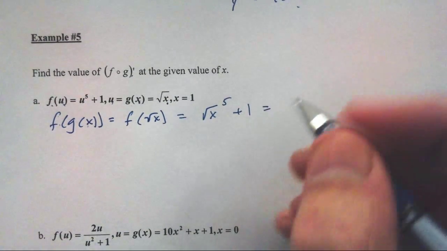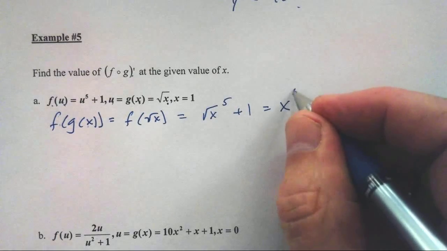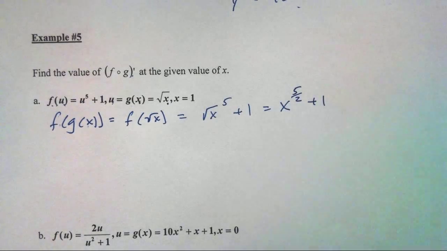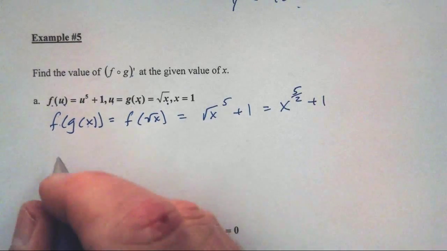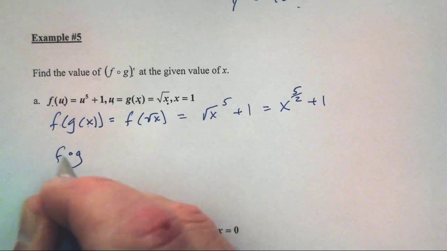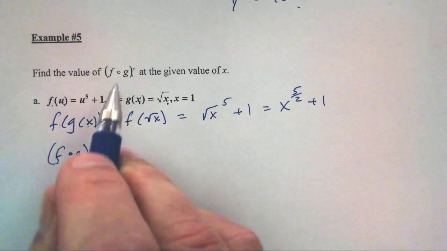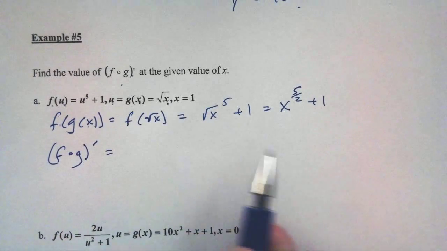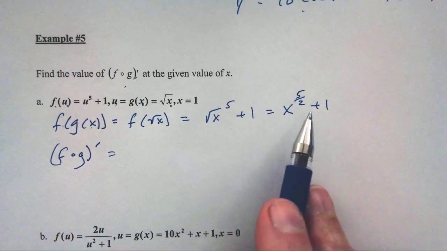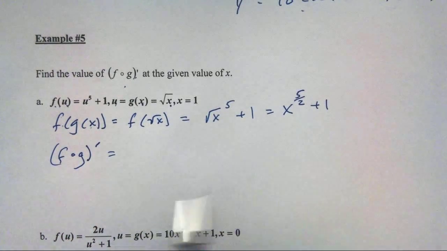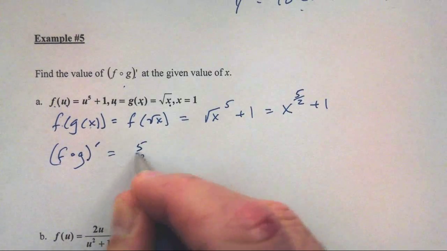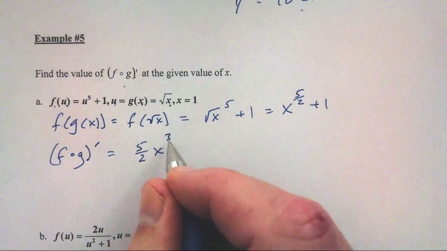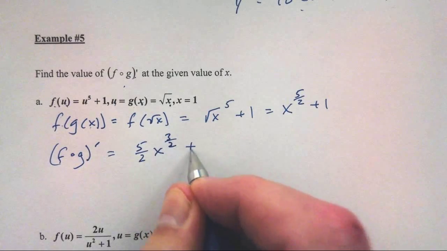We might want to think of that as x to the 5 halves plus 1. So f of g's derivative, as they're asking for, is just the derivative of this guy. So that is 5/2 x to the 3/2 plus 1.